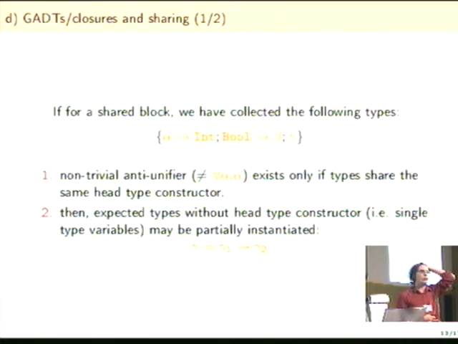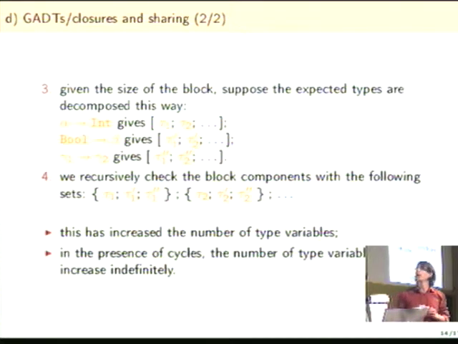So we have to generalize our algorithm a little bit, and instead of taking a graph and a type, we will take a graph and a set of types, and state that our algorithm will succeed only if the graph is compatible with all the types, and more precisely with the anti-unifier of all the types. And we have to ensure that we keep this property all the time.